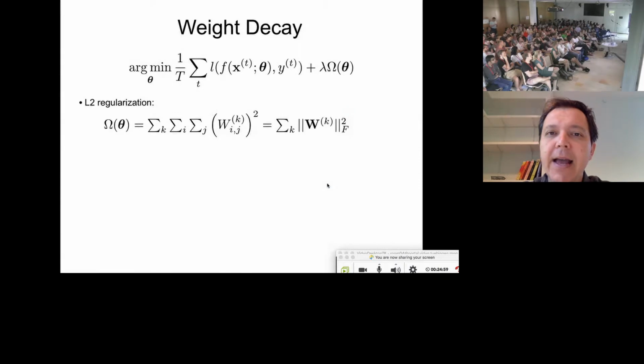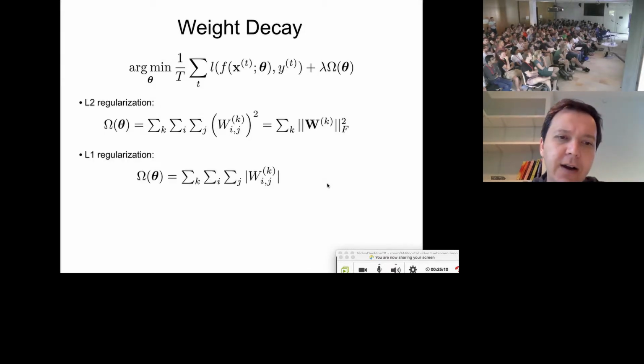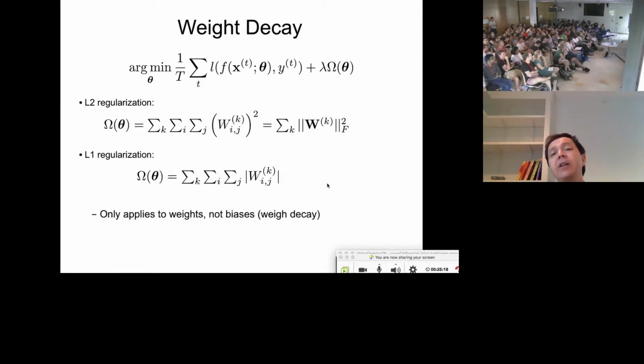In terms of regularizers, what do people use? Well, common ones to use is L2 regularization. Sometimes this is called weight decay in the neural net community. Sometimes people use L1 regularization, which is just the sum of the absolute values.